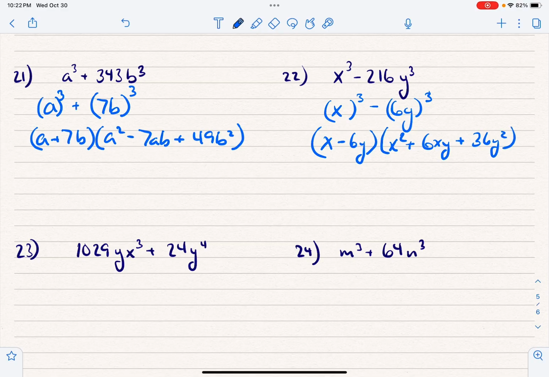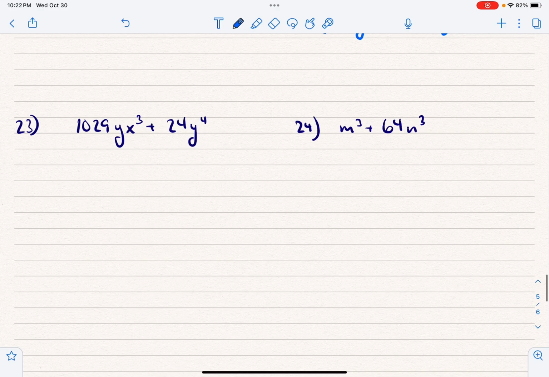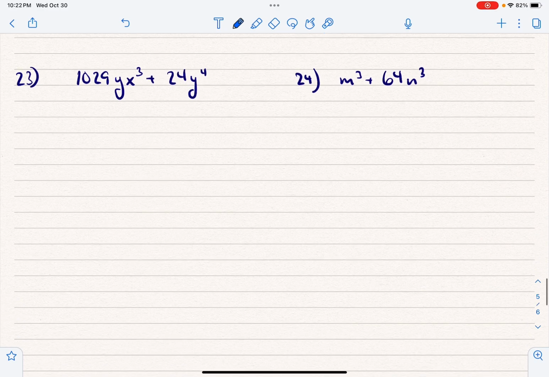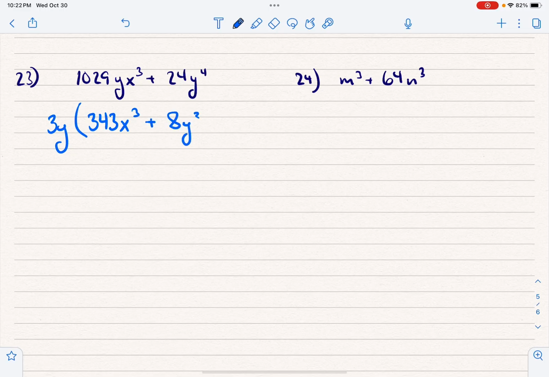And lastly, the second to last one is definitely a doozy. 1029yx to the third and 24y to the fourth. They have a 3y in common. If you take that out, you're left with 343x cubed plus 8y cubed. And those are clearly cubes.